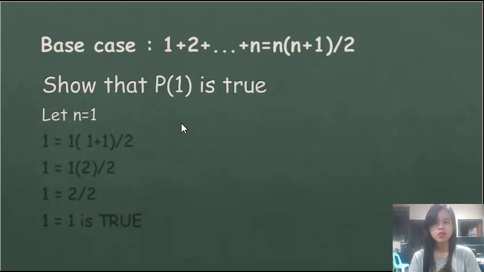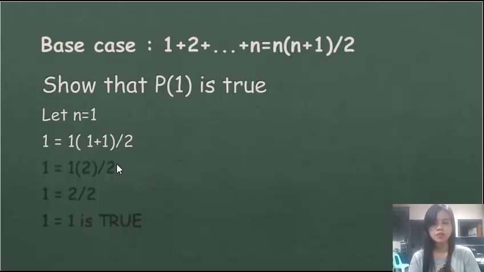We must prove that the given equation is true. Now we substitute the given value of n into the equation. On the left hand side, the answer is already 1, while on the right hand side, we need to simplify it. Now we perform the operation to prove that the left and the right hand sides are equal.